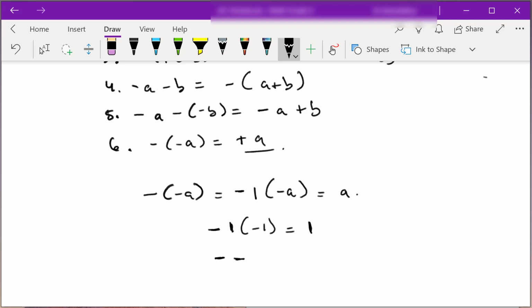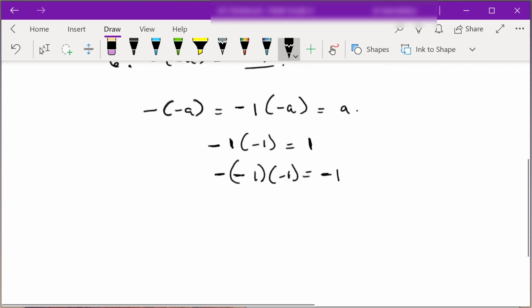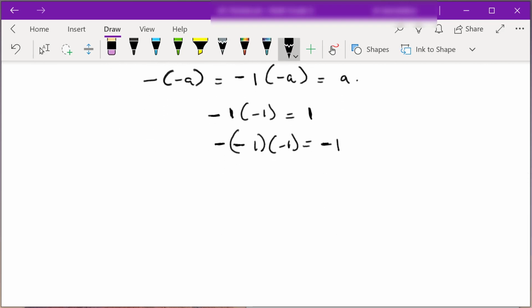3 negatives multiplied with each other produce a negative. So we can think of when there's an even number of minus signs, this produces a plus. When there's an odd number of minus signs, this produces a minus.